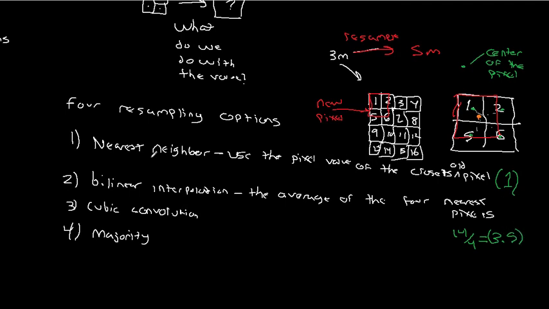Right, so you can see how going from nearest neighbor to bilinear interpolation, we've already had a drastic change in the pixel value. Nearest neighbor would have picked 1, bilinear interpolation would have picked 3.5.